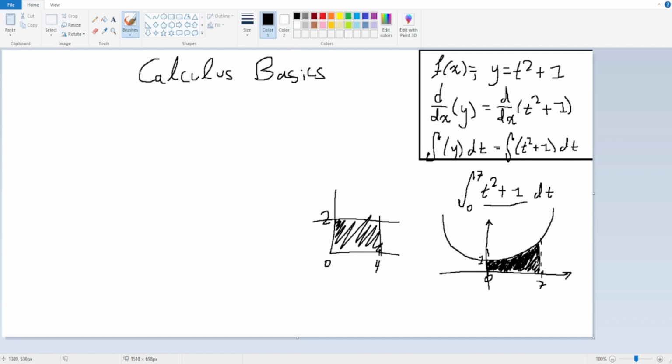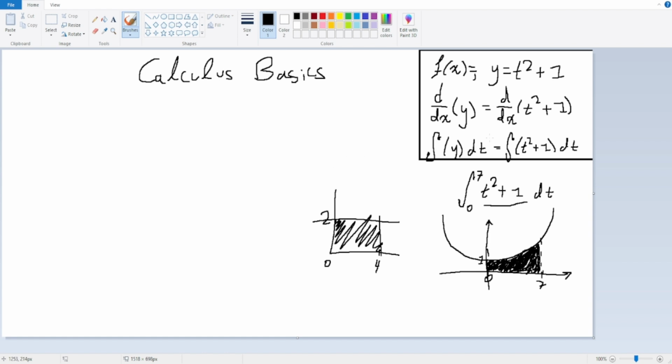But say you have a shape like this, it becomes a lot harder to calculate this area. And so that's why an integral is very useful, because you are able to figure out a function to get this area, even when you have bounds like this.